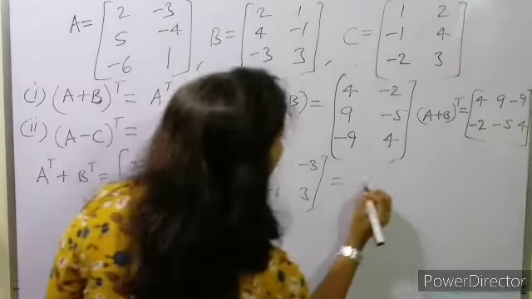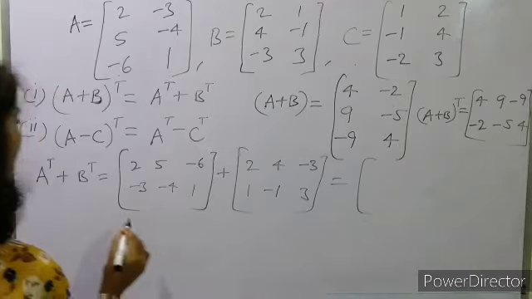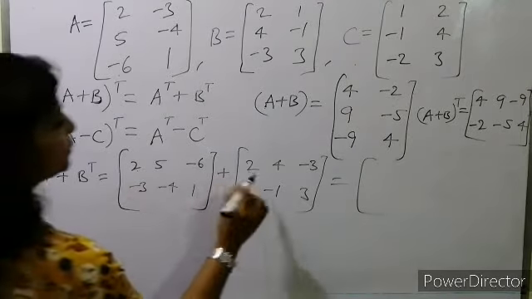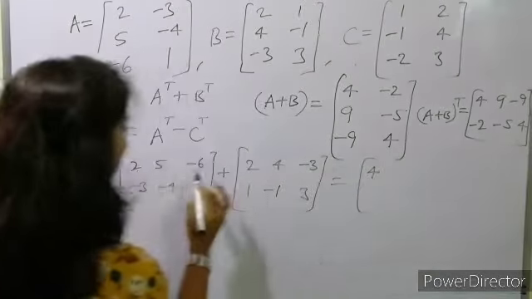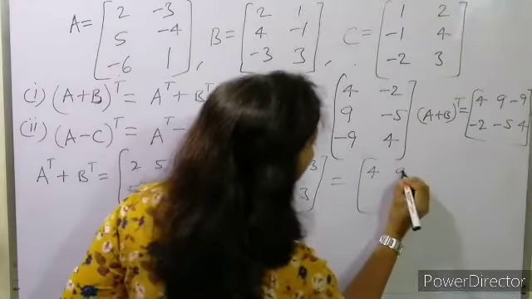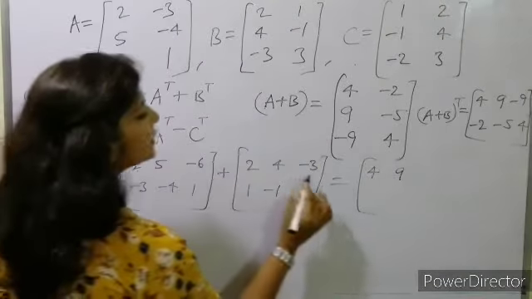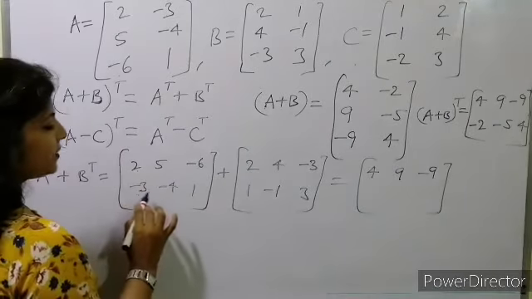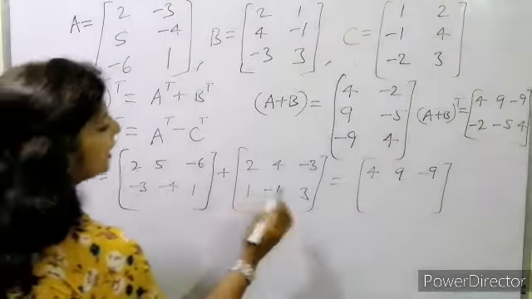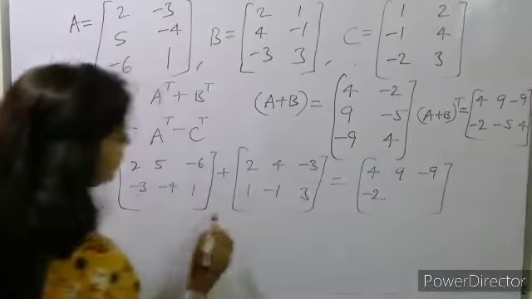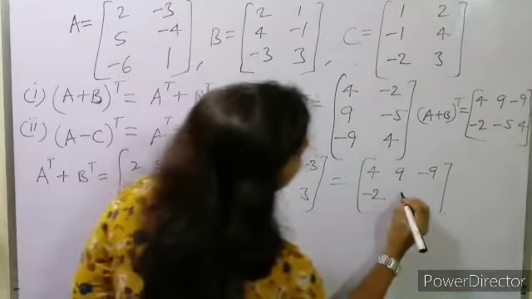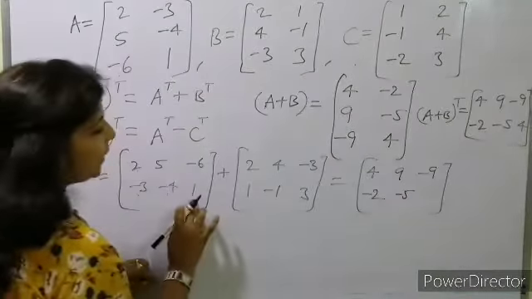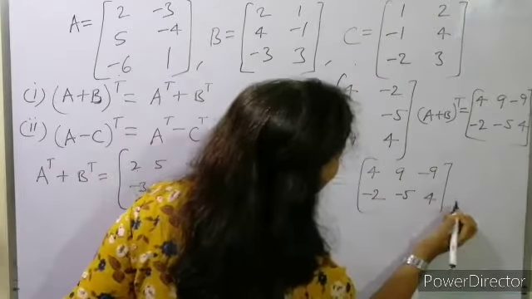Okay, now we'll add these two. 2 plus 2 is 4, 5 plus 4 is 9, minus 6 minus 3 is minus 9, and minus 3 plus 1 is minus 2, minus 4 minus 1 is minus 5, 1 plus 3 is 4.